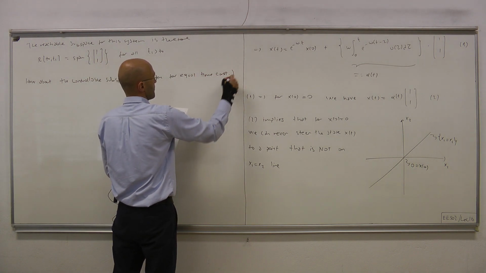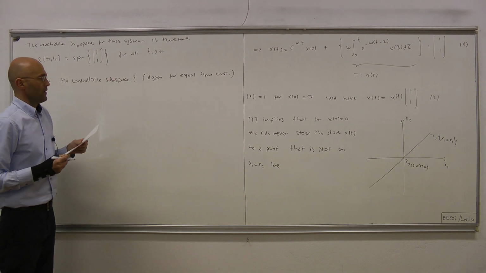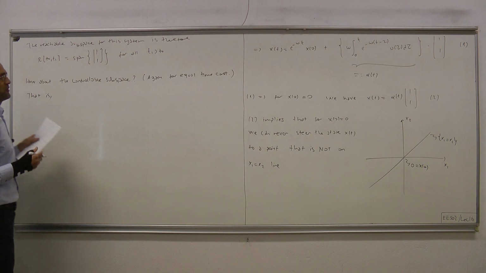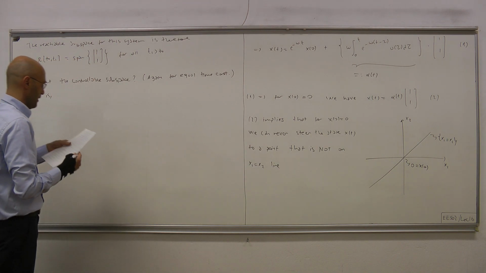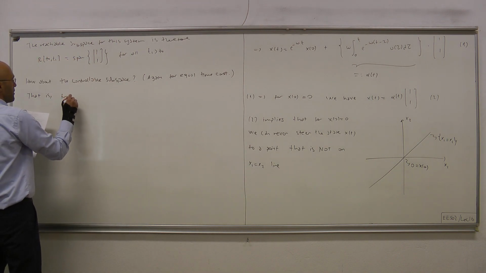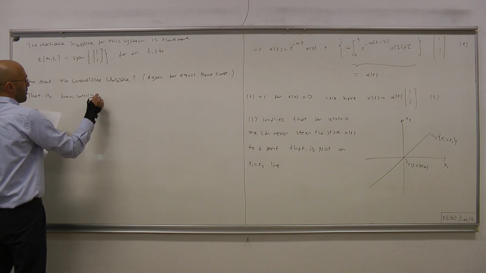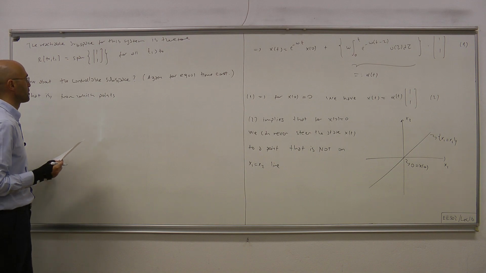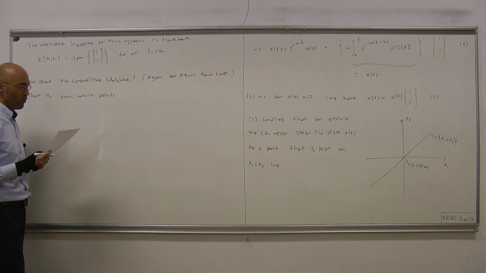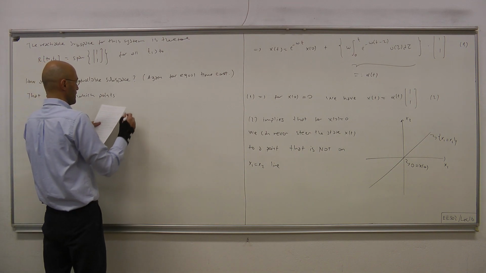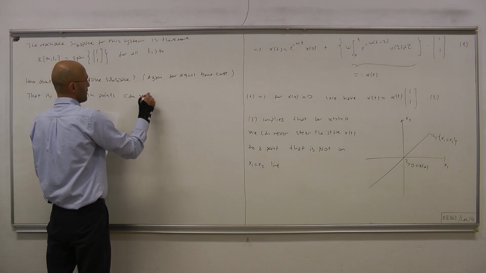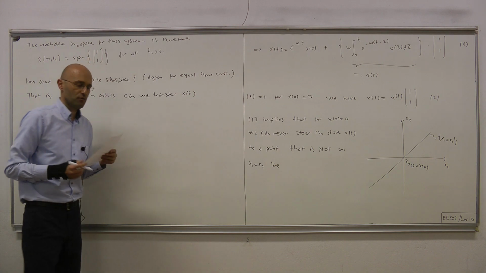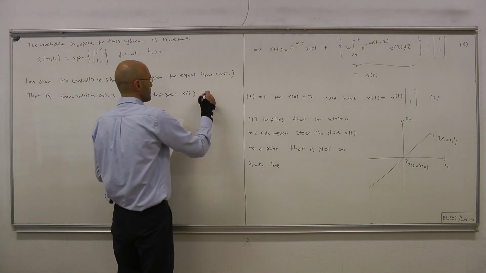That's easy to figure out. From which points? Okay, so in order to be able to determine the controllable subspace, we have to answer from which points can we transfer the solution or the state x of t to the origin.